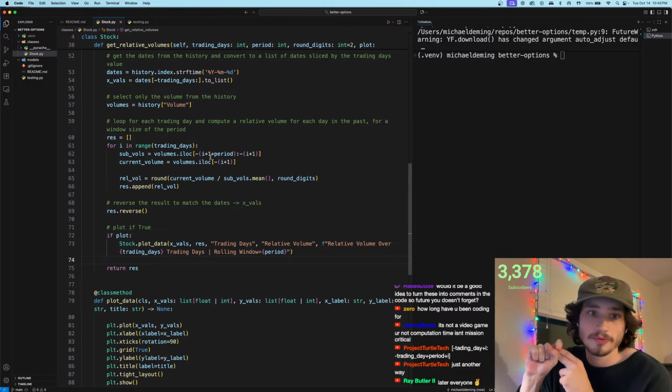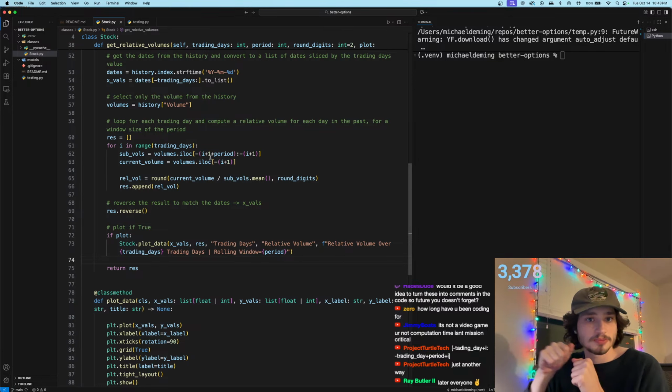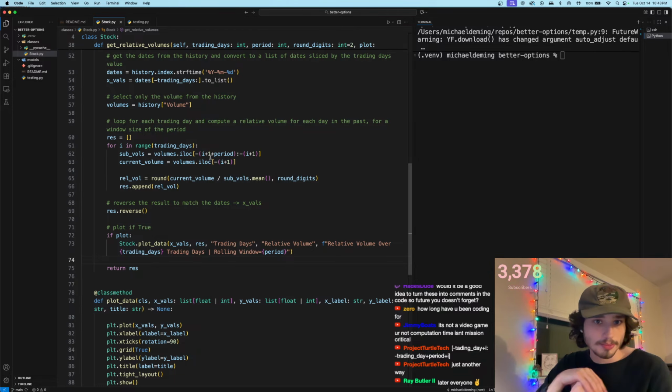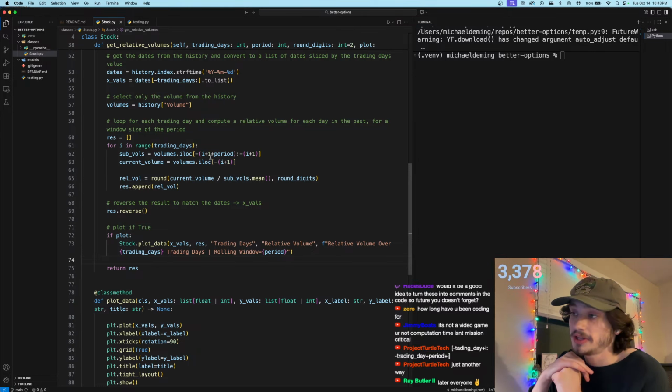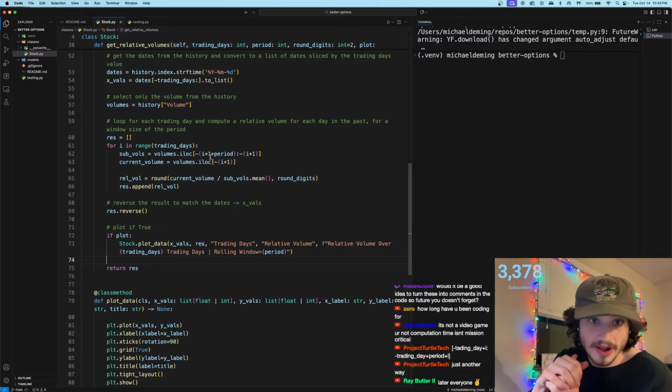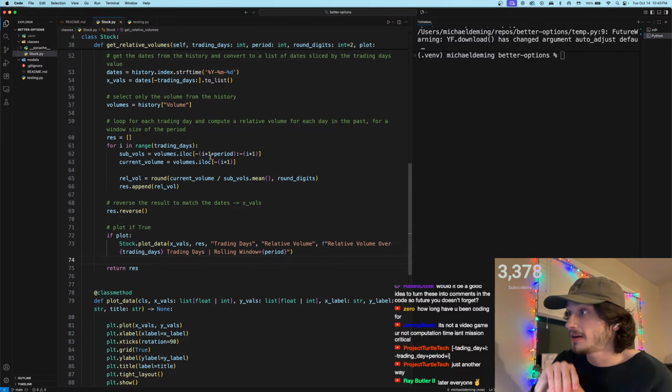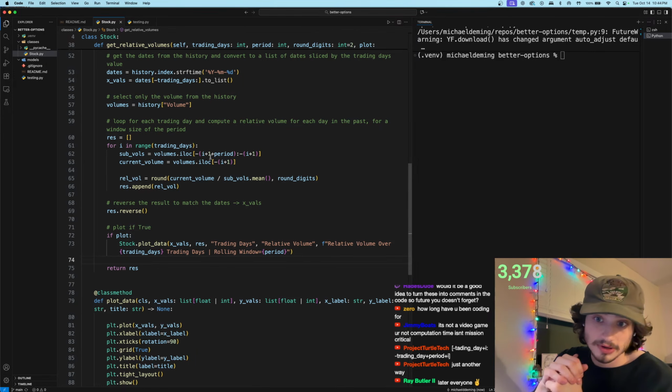We could have the percent change in price versus the percent change in relative volume, and determine a score or strength for a breakout. I don't even know. We could really go from here and try to figure some stuff out. So I'm going to keep going with this, adding little features here and there, and see how much we can come up with for computing these stock statistics.